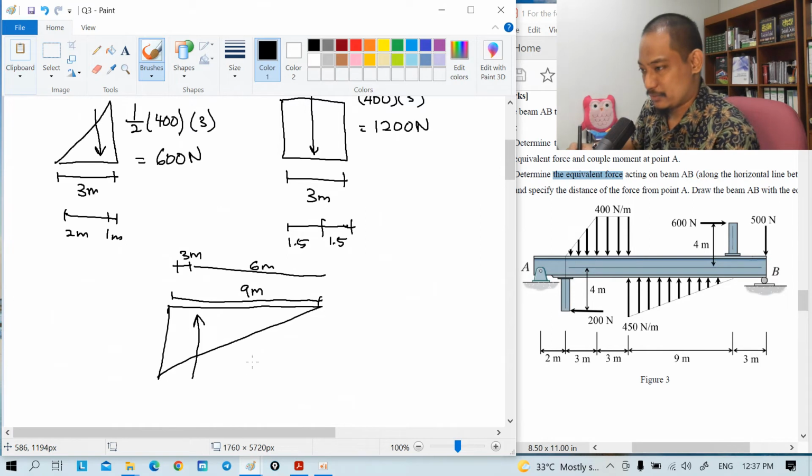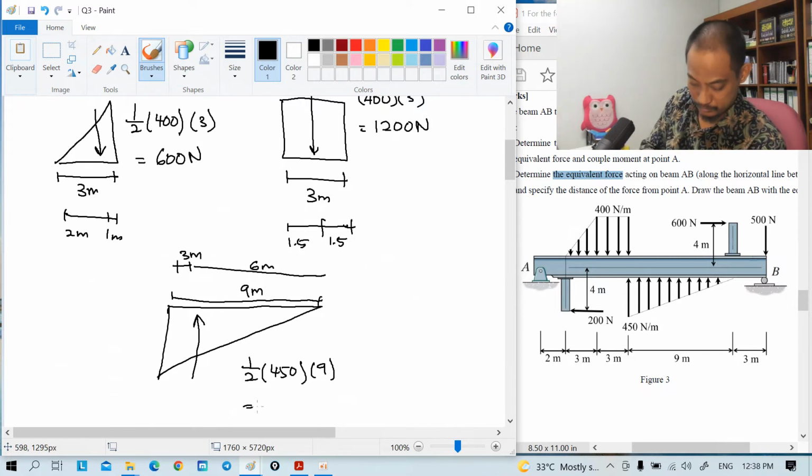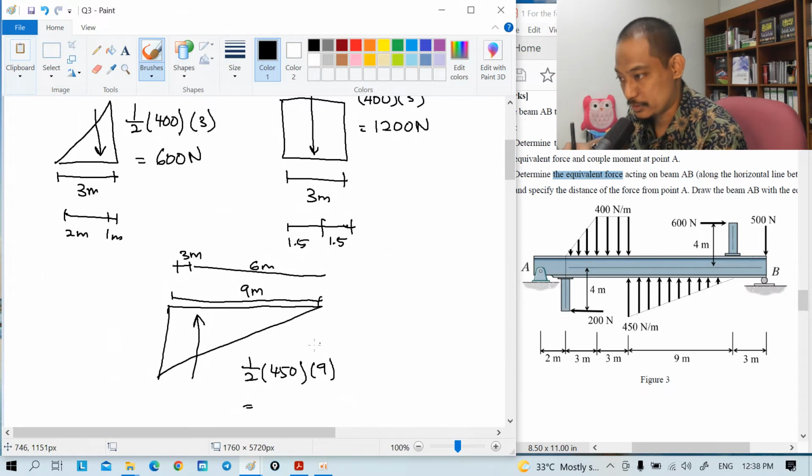What about the value? It will be half times 450 times 9, equal to 2025.